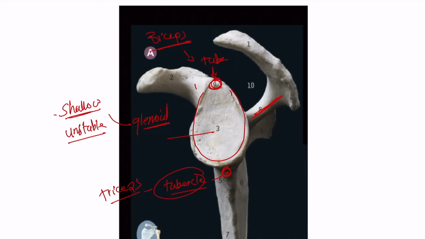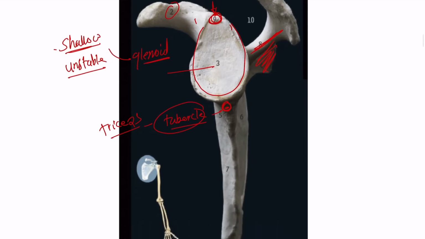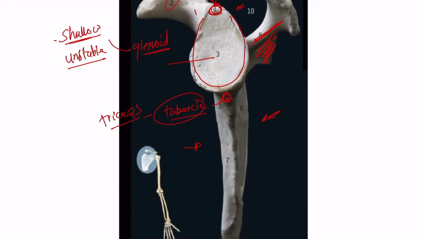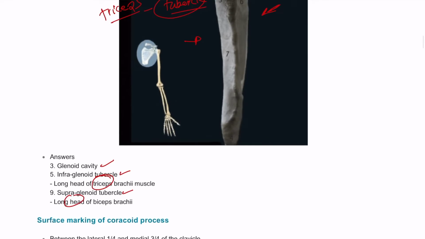So again, this is the coracoid process, and this is the acromion, and the spine is basically this area. On this side will be the subscapular fossa, this is the infraspinous, and this is the supraspinous fossa for all the muscles. So we talked about the glenoid cavity, infraglenoid tubercle, long head of triceps, and supraglenoid tubercle, which is the long head of biceps muscle, right?